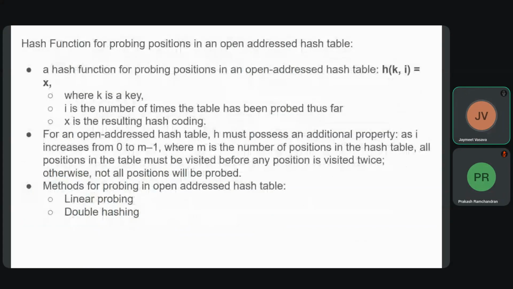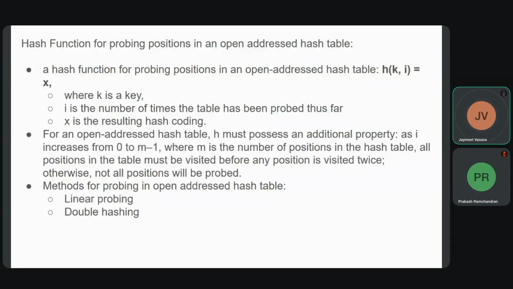The hash function for probing positions in an open address hash table is h of k, i equals x, where k is a key, i is the number of times the table has been probed thus far, and x is the resulting hash code.